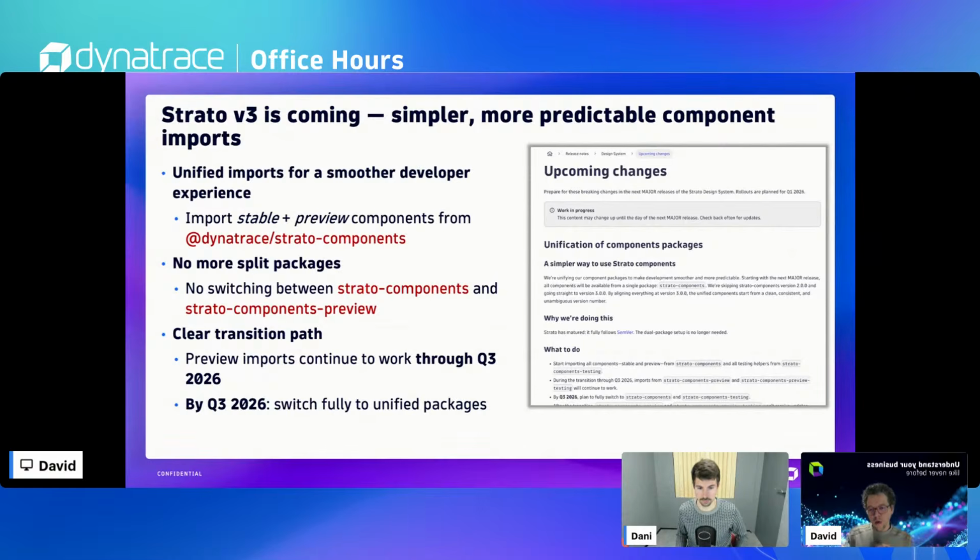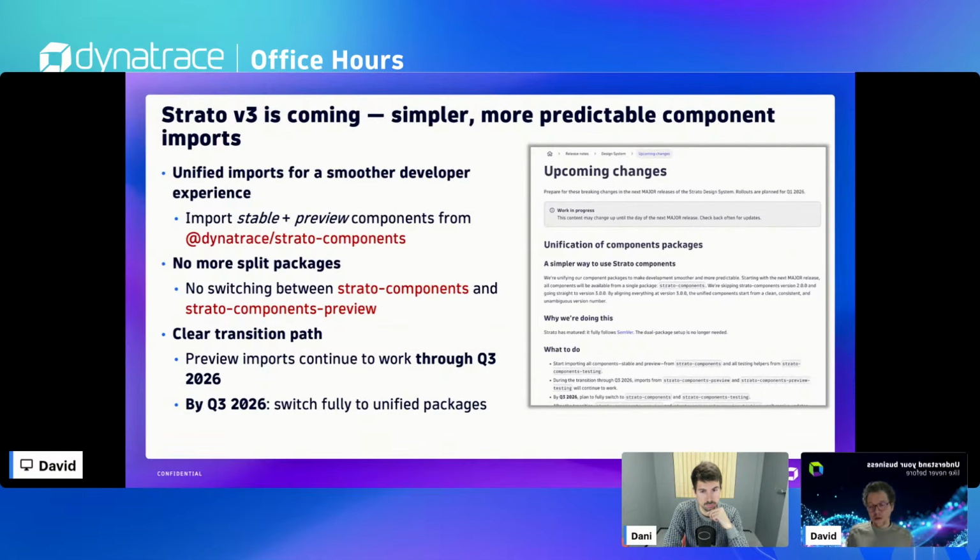We will only have one package in the future, which will be Strato Components, and you can import everything from there. So everything you want to use from Strato, just one package. There's one left for testing, but still the main imports are going to be way simpler than before. Will be released soon.